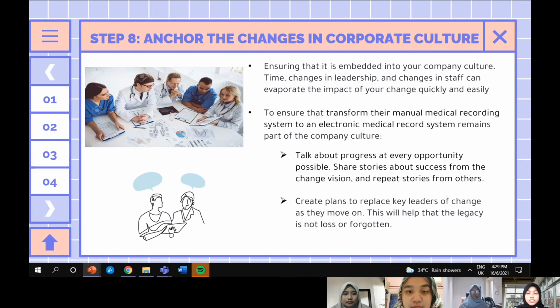The last step, step 8, is anchor the changes in corporate culture. That means ensuring that it is embedded into your company culture. Changes in leadership and changes in staff can evaporate the impact of your change quickly and easily.